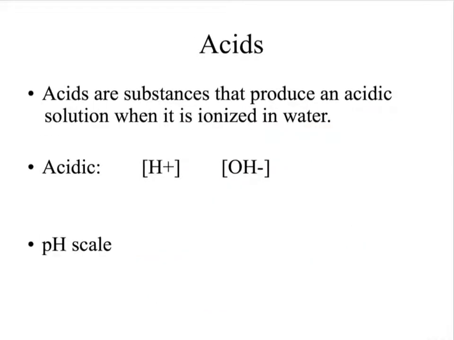We consider acid substances that produce more H plus when they're in water and when they're ionized. So the amount of H plus is greater than the amount of hydroxide if the solution is acidic. If you remember your pH scale, most of you have heard about it. We typically have a pH scale that goes from 0 to 14. Sometimes you've heard of it going from 1 to 14.